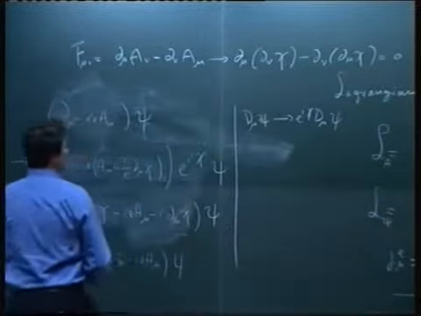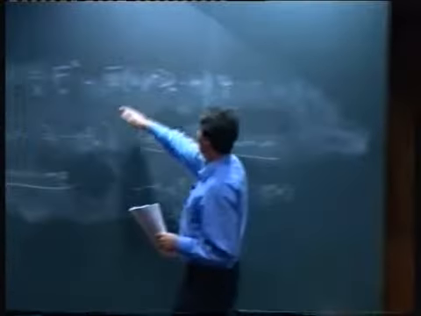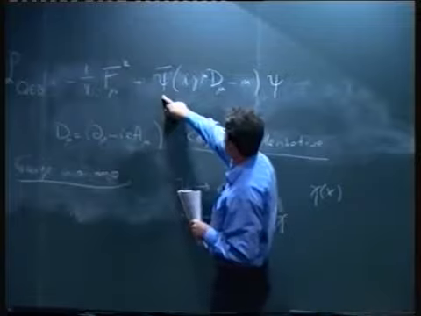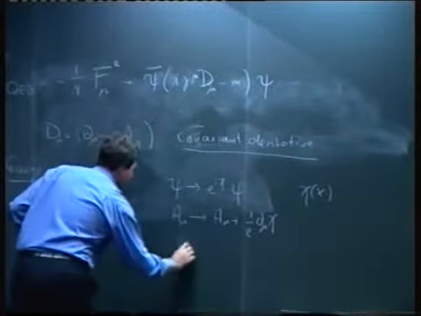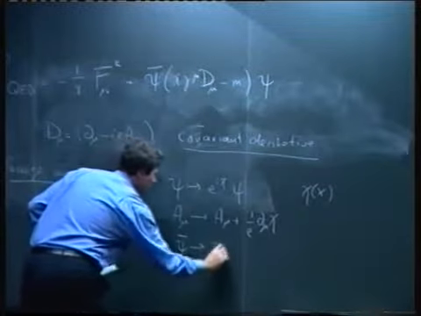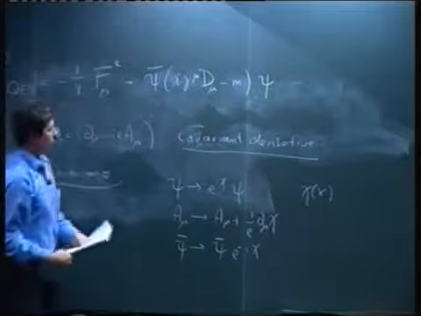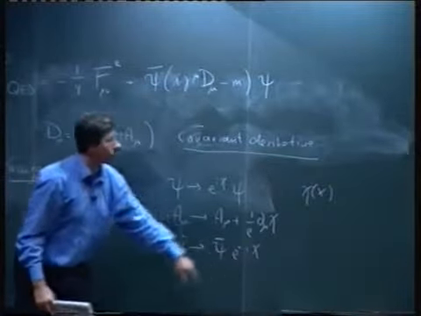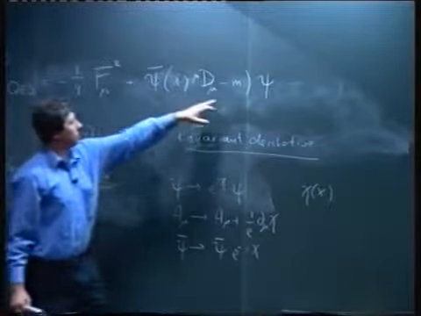And now if you take this transformation and notice that, of course, psi bar is rotated by the complex phase, so if I add the transformation that psi bar goes to psi bar e to the minus i chi, then again this will cancel the e to the plus i chi, which you get from this transformation.